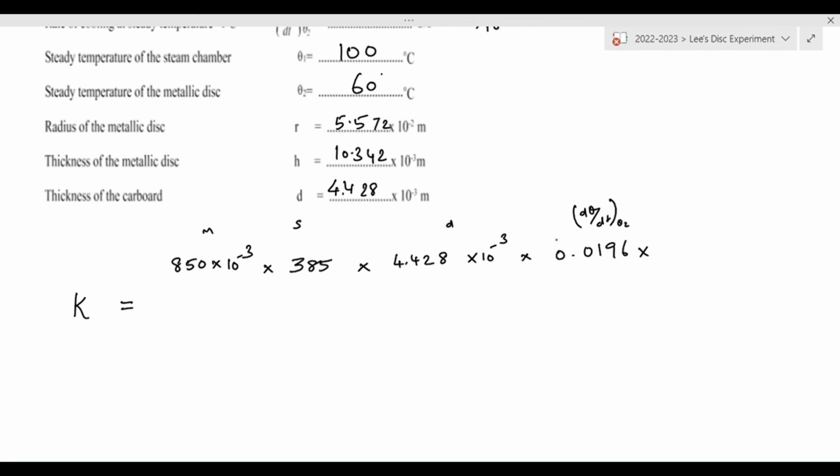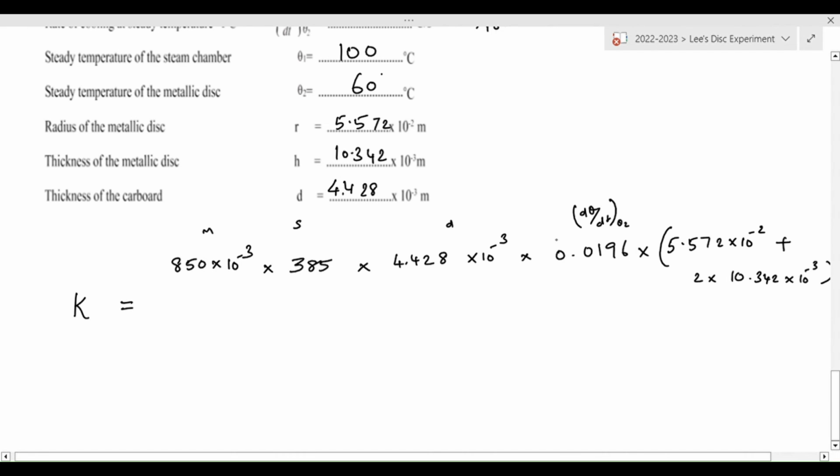Then into R plus 2H. What is R? 5.572 × 10^-2, plus 2 into H, which is 10.342 × 10^-3. Then divided by pi, 3.14.